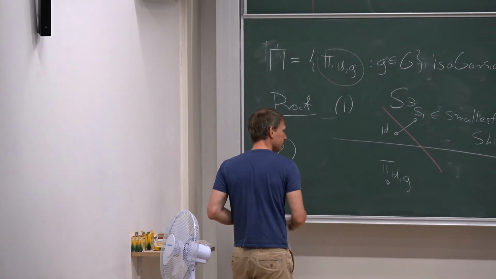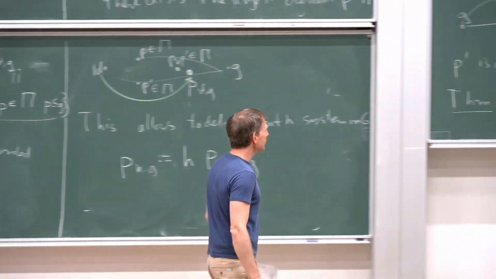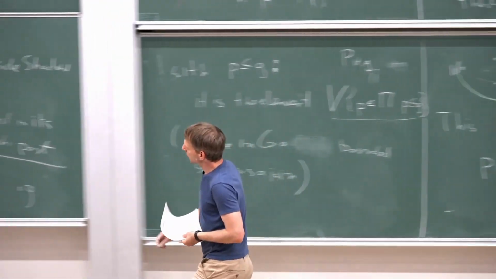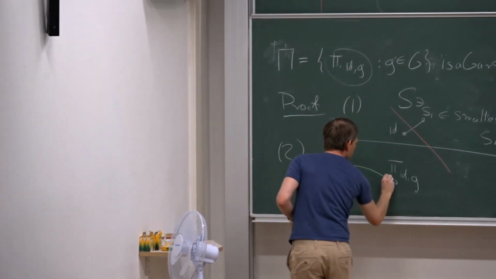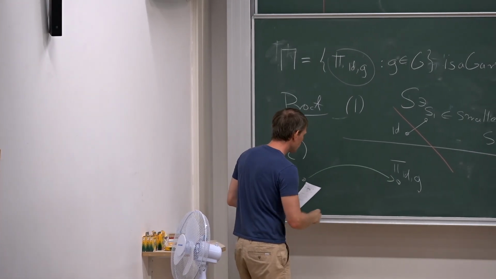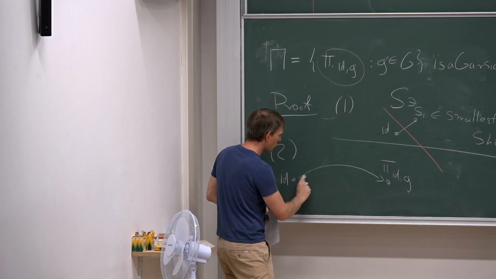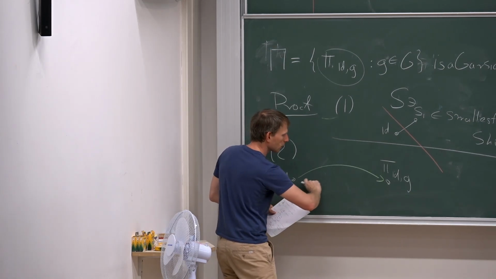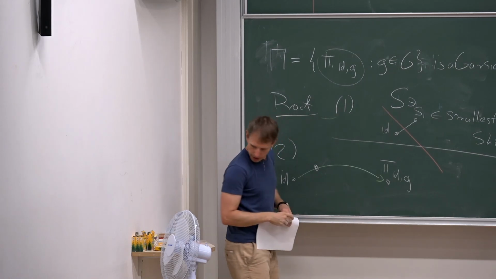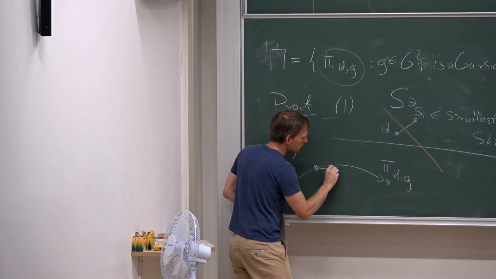So this is one of my voracious projections, and now I need to look at a suffix. So what it means to look at a suffix, it means that I take some path from identity to this element, I take some point on this path, and then I look at this suffix.